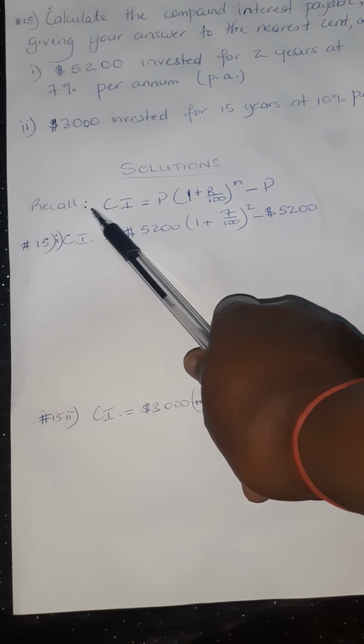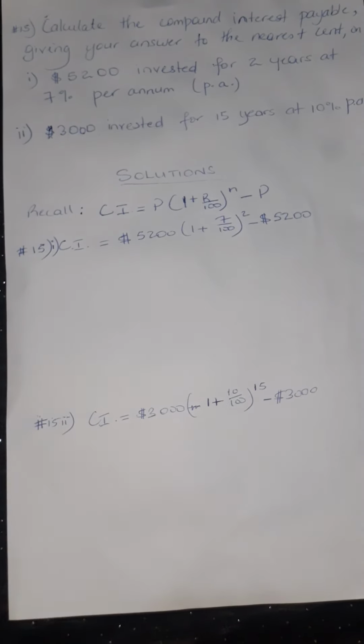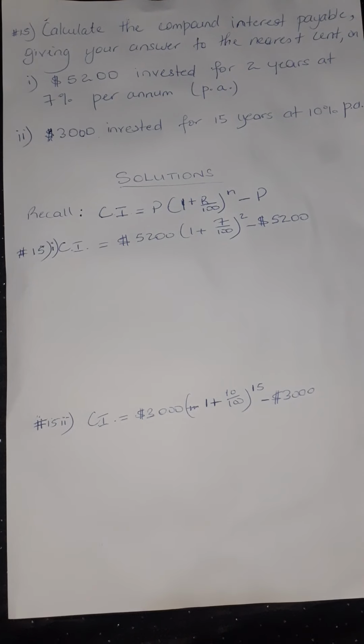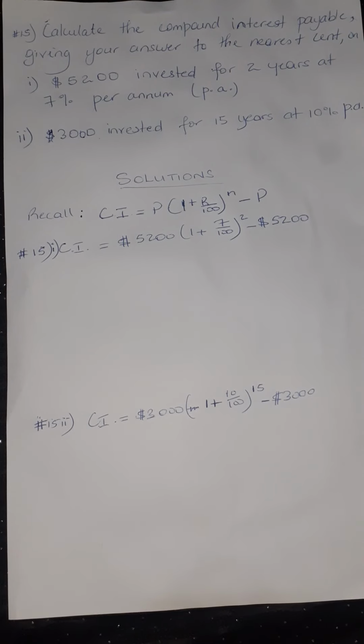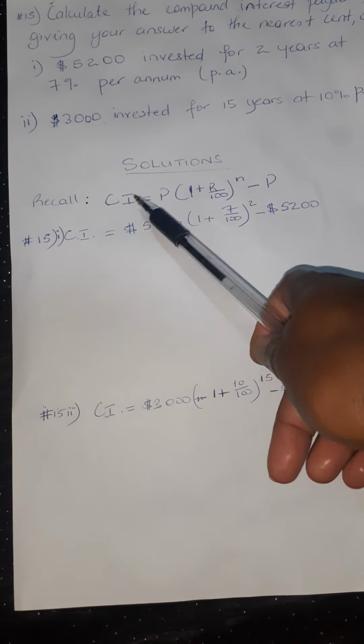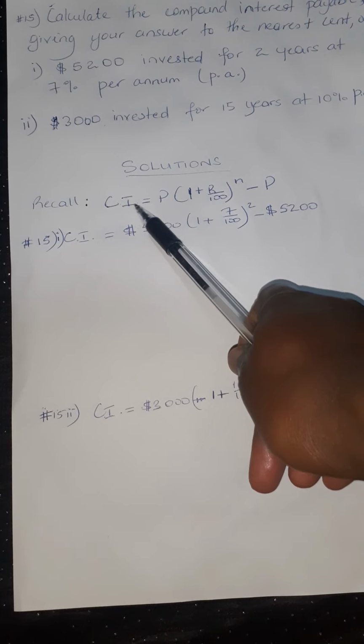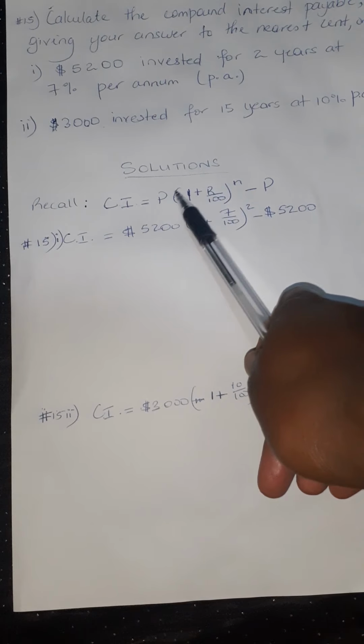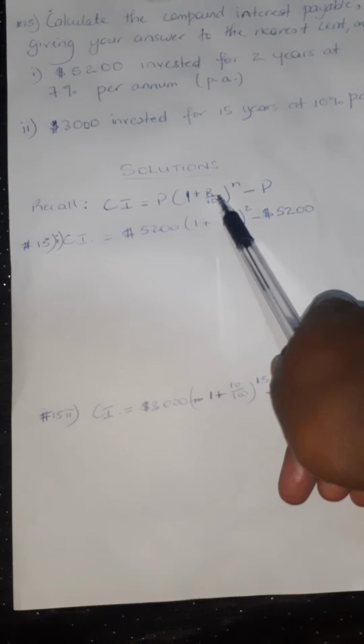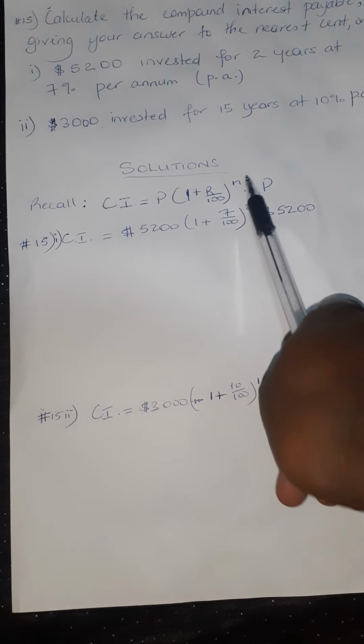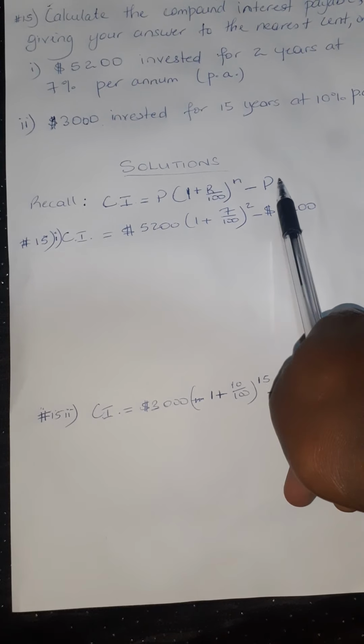So remember, the first thing to do is to recall whatever formula will apply to you. We know that there's a formula for calculating compound interest, CI, which is P times (1 plus R over 100) raised to the n power, minus P. That's how this is read.